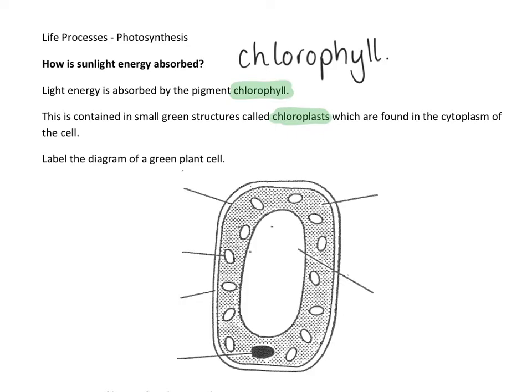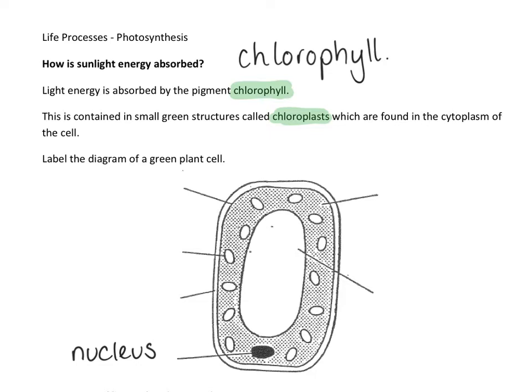So let's start in the bottom left-hand corner with this black circle that's labelled. That is what we call the nucleus. The nucleus is spelled N-U-C-L-E-U-S. So be careful about that. That's quite often spelt wrong, but try and get your spelling as accurately as possible.